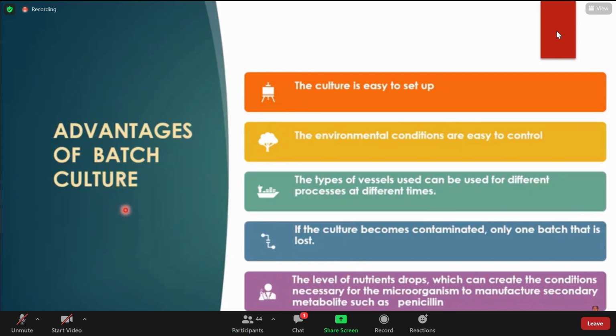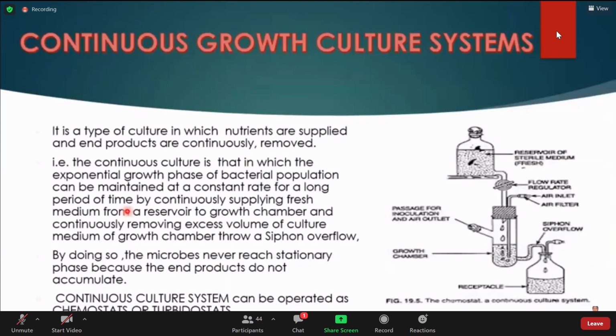Then the second type of bacterial culture system is the continuous culture system. There will be continuous growth of the microorganism, so that's why it is named the continuous growth culture system.